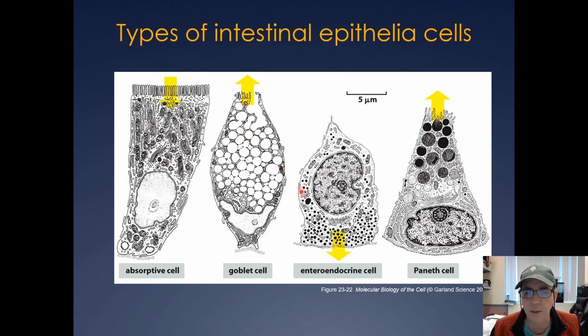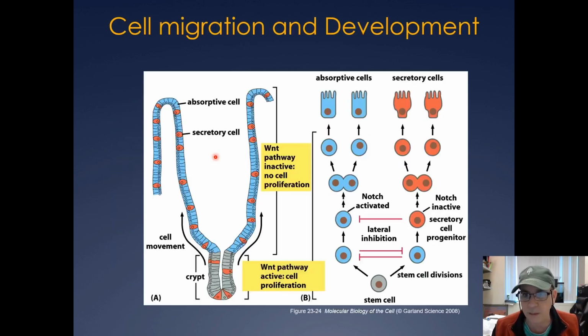And then you have an enteroendocrine cell, which is releasing hormones, and then a Paneth cell, which is also a secreting cell. So these are just some of the types of the intestinal epithelial cells that are basically developing from these stem cells right here.